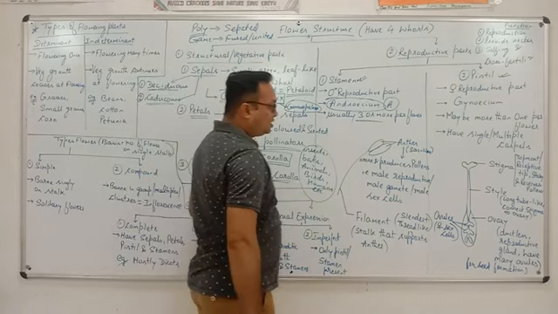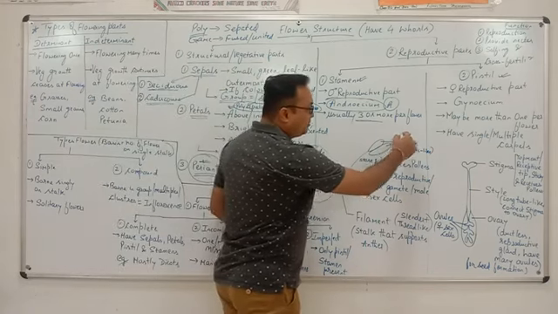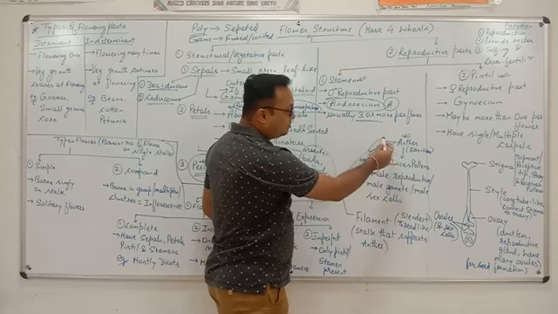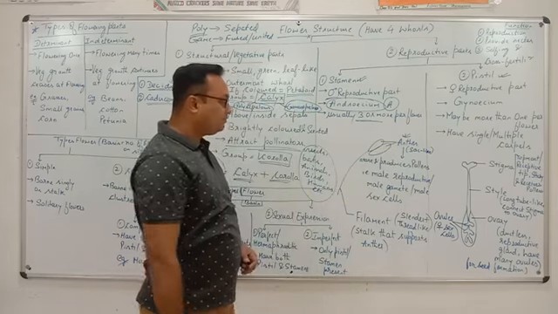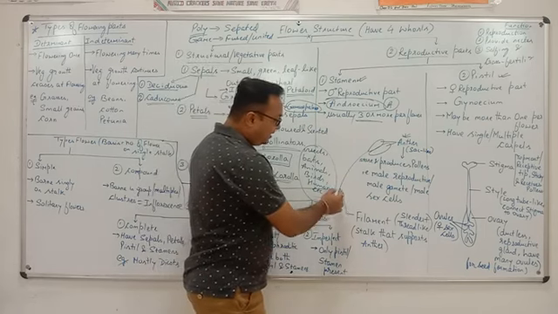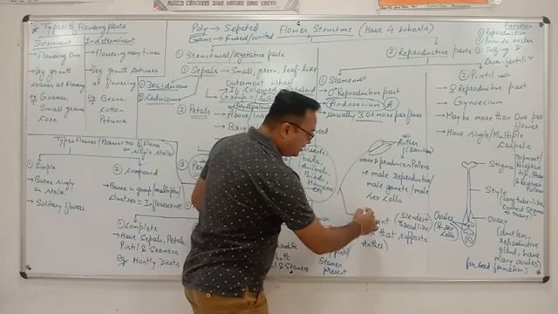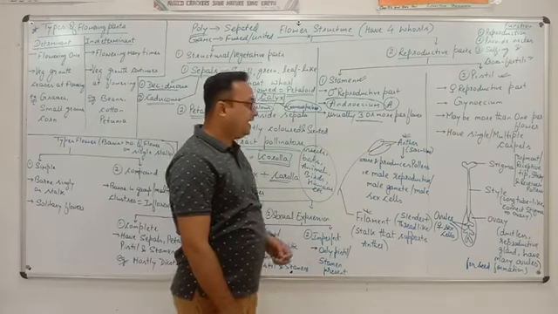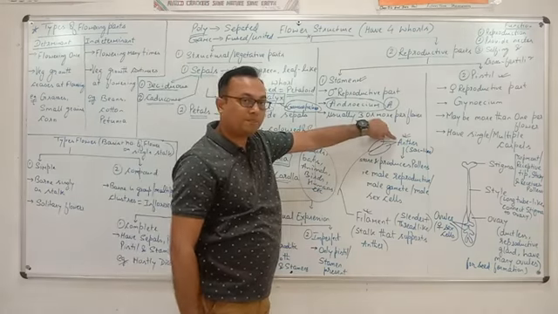This stamen structure consists of two major parts. First part is the anther, which is the topmost part of any stamen, and another part is the filament. Filament is the lower part of a stamen which carries the anther structure.